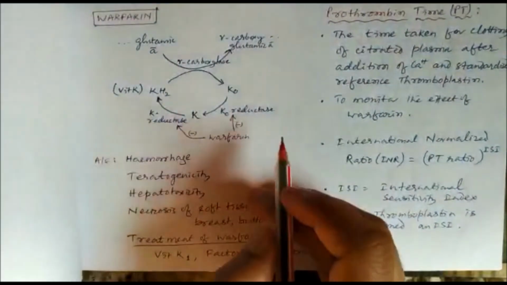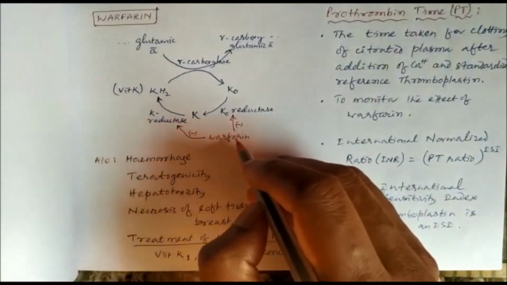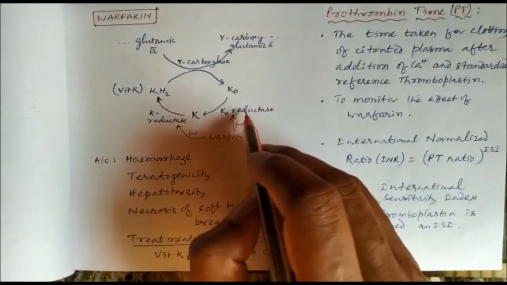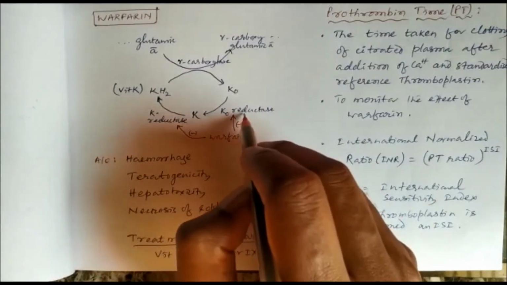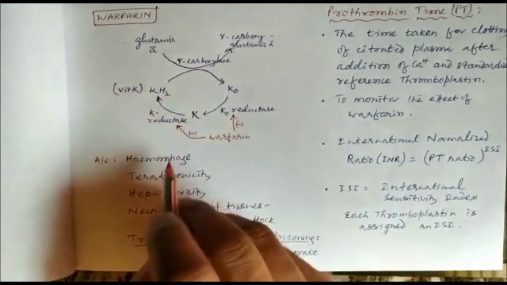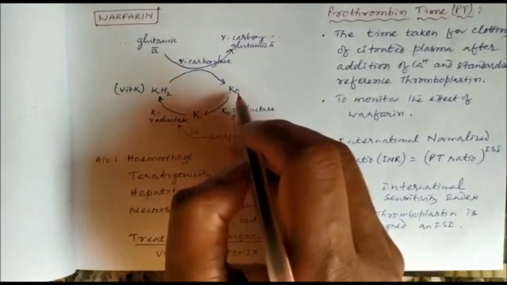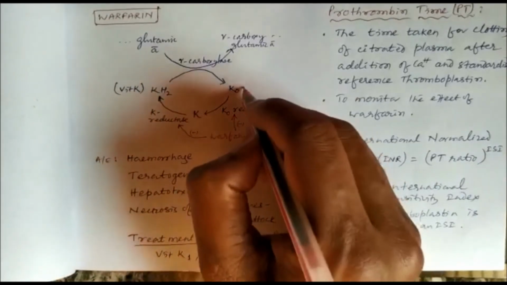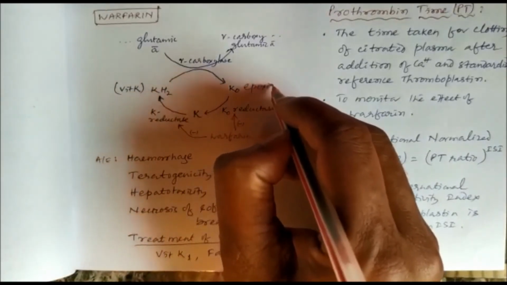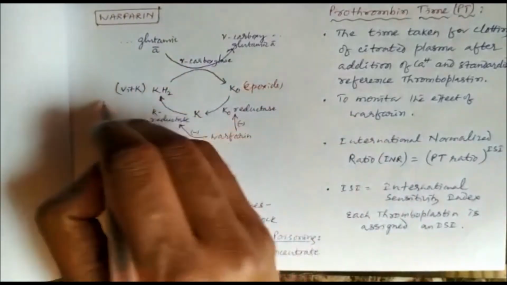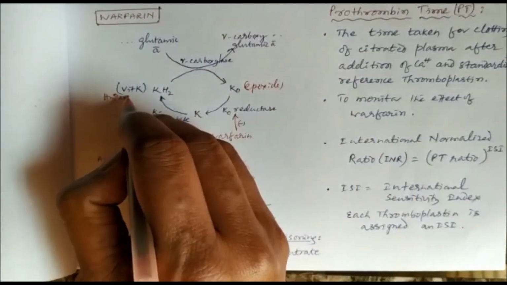So warfarin inhibits this reduction, inhibits the vitamin K reductase, and by inhibiting vitamin K reductase, it inhibits the regeneration of the inactive epoxide form to the active hydroquinone form.